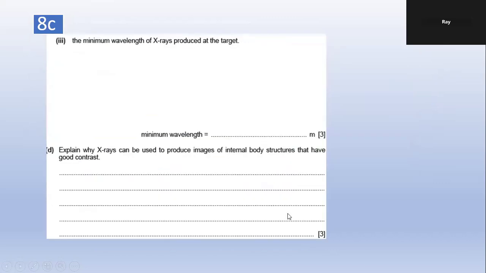The minimum wavelength of X-ray produced at the target. How to calculate the wavelength? What formula to use? Maximum energy given will be minimum wavelength.